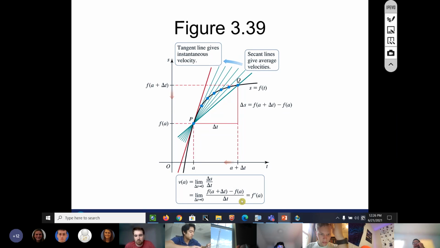I've been trying to tell y'all that. The book's been trying to confuse you. I've been trying to tell y'all that the difference quotient is the one that you'll always come back to. I don't know why the book wants to go around the world to tell you that. But there is the difference quotient right there: limit as h approaches 0 of f of x plus h minus f of x, divided by h.